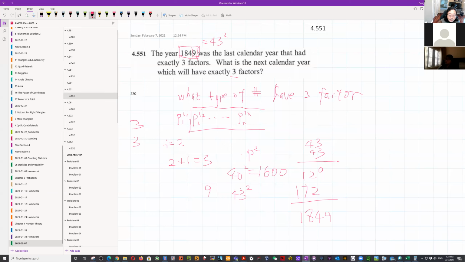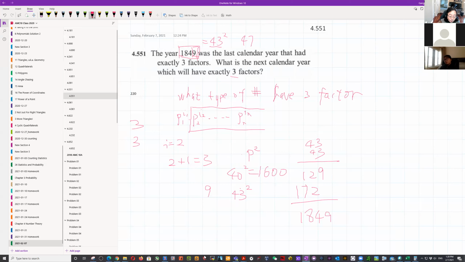So the next calendar year with exactly 3 factors, after we consider the fundamental theorem of arithmetic, let's also double check with this. We know that the next calendar year with exactly 3 factors has to be the complete square of a prime number. And the next prime is 47.